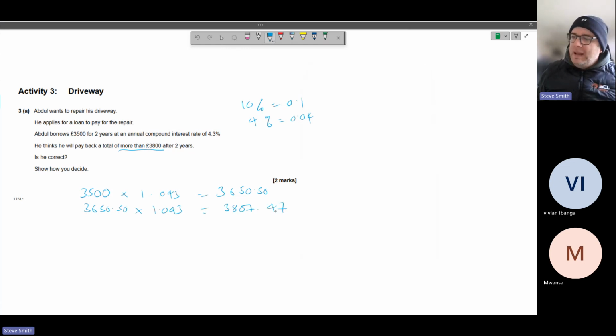As you can see, he thinks he's going to pay back more than 3800. Okay, only £7 more, but is it more than? So even if it's 1p more, it's more than. So is he correct? Yes, he is correct.